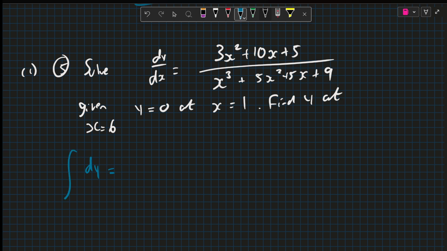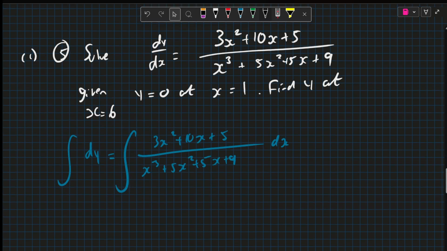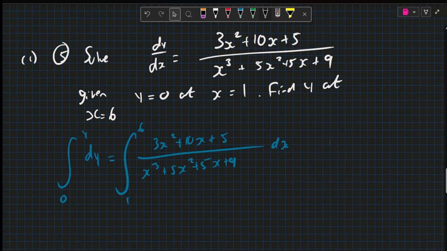So we're going to have the integral this time of 3x squared plus 10x plus 5 divided by x cubed plus 5x squared plus 5x plus 9 dx. And then we're going to integrate both sides. So y equals 0 at x equals 1, and we have to find y at x equals 6.